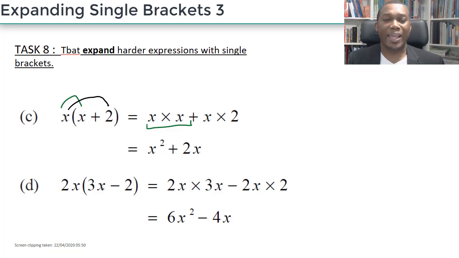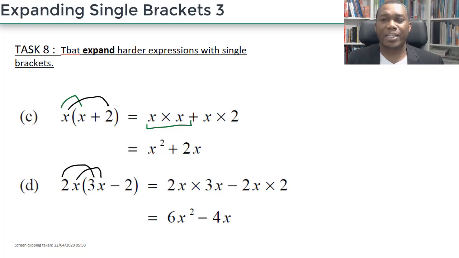Here for D, we have a more complex expression. I don't like using the word difficult; difficult is relative. We have numbers to multiply and letters to multiply. You can't put them together. It's 2x multiplied by 3x.